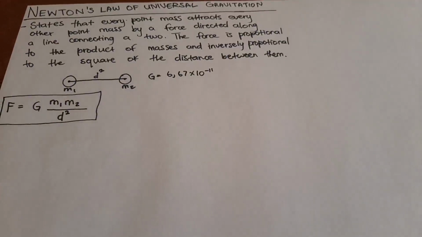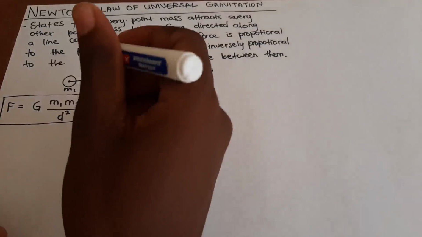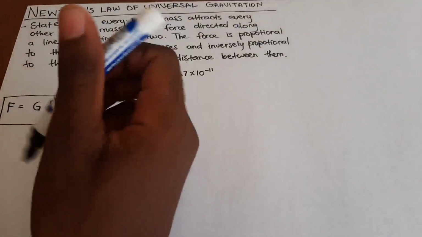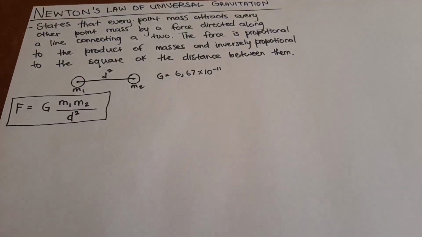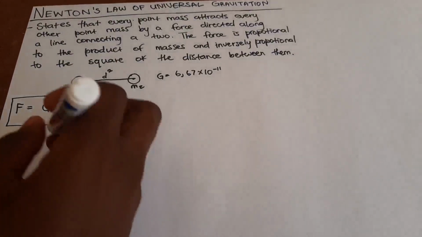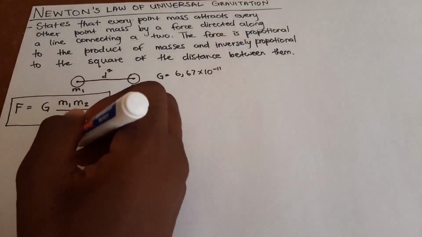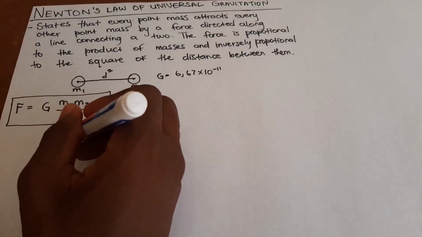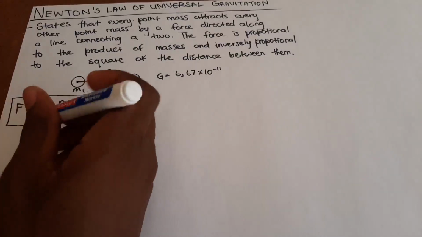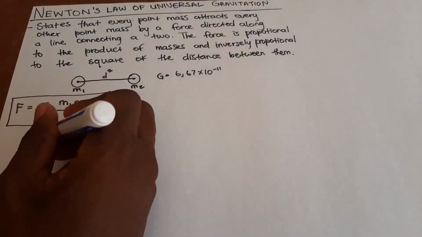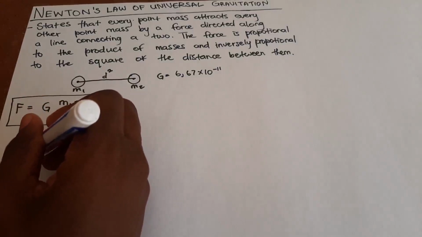Okay, so guys, let me make an example when calculating these instances. Let me create my own example. Let's say we have an object here, a stone.